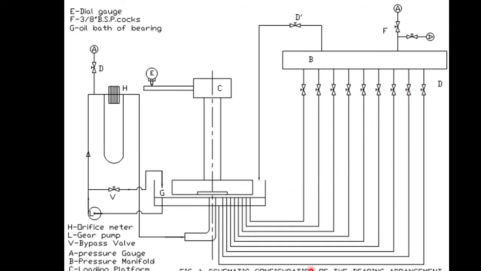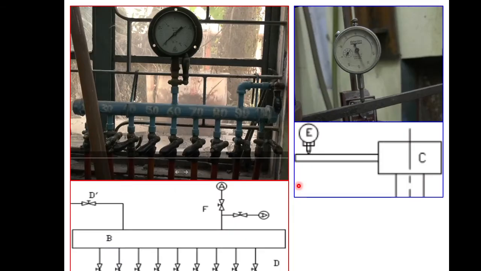To get the reading of this tapping point, if we open this valve, this manifold will have that particular pressure. And then this indicator will show this particular pressure. So gradually, if we start from this point, taking readings in this pressure gauge, we will get all the readings.